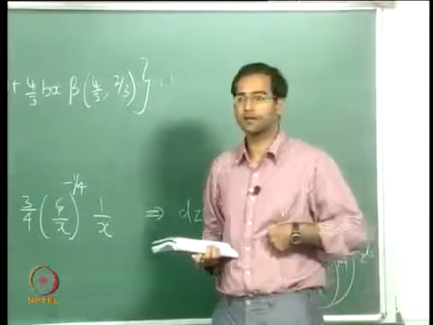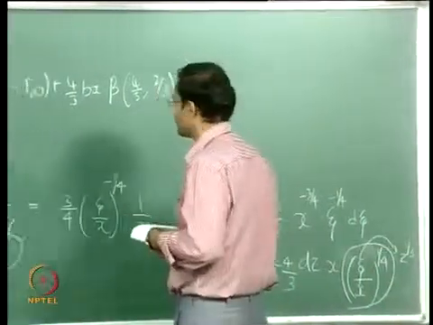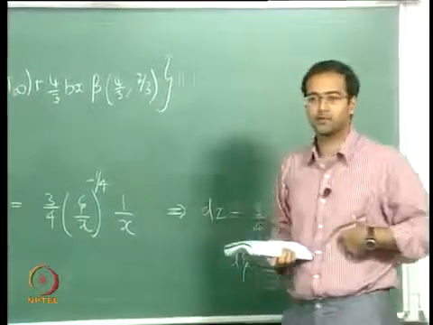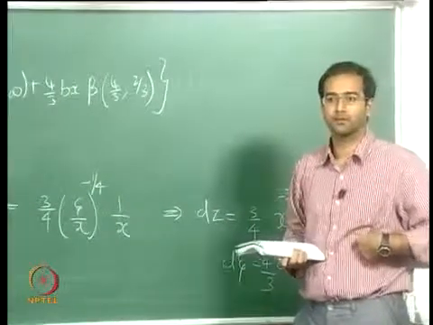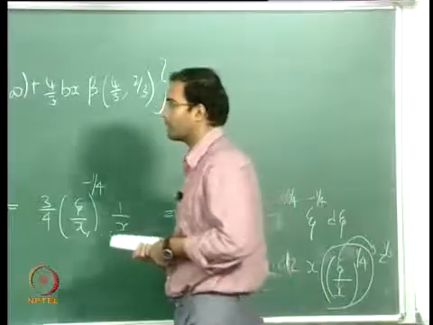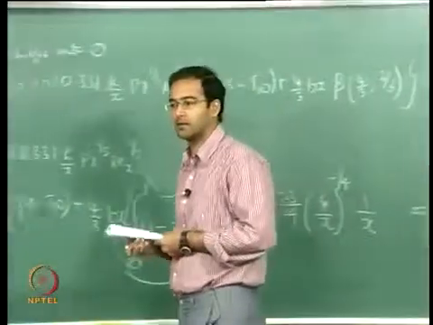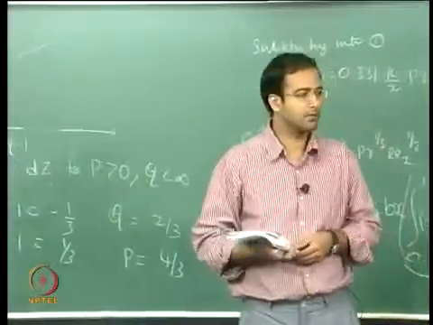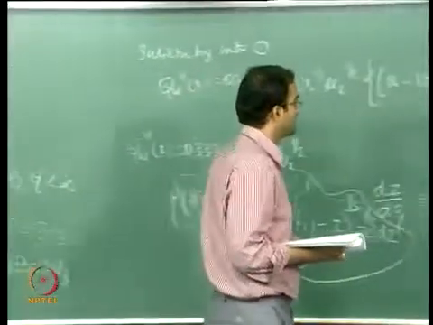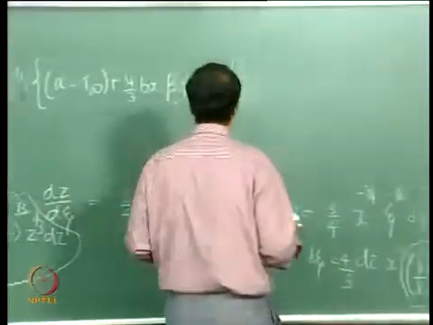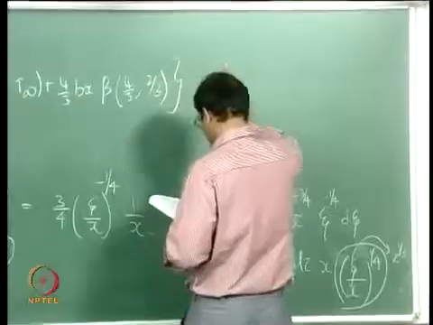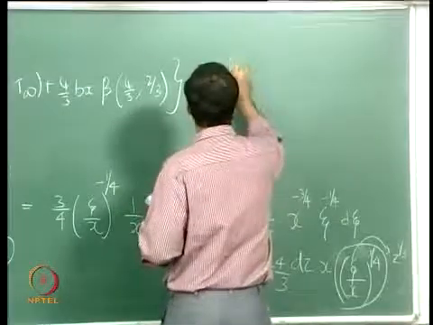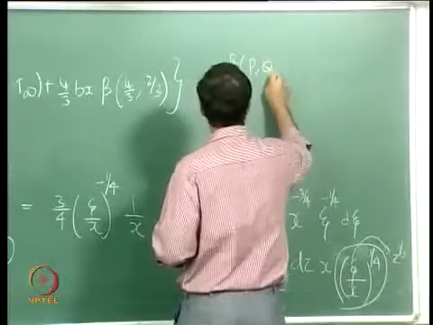In fact, very specifically the beta function itself can be expressed in terms of another function called the gamma function, and gamma function tables are quite common. They are tabulated for different values. So we will express the beta function in terms of the gamma function as follows.